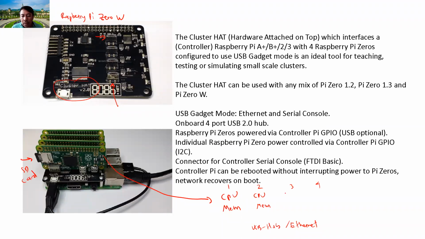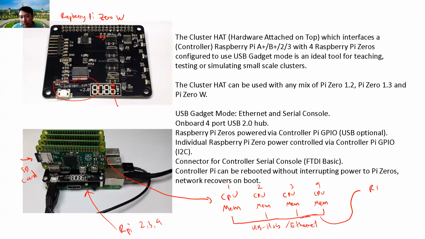You have CPU and memory here, and CPU and memory here. Then these are interconnected using the USB, but here it is connected to the other one, which is the master node. So the one at the bottom is the master node, which is a Raspberry Pi. It can be a 2, 3, or 4, but I have a Raspberry Pi 2. So this becomes your master node.